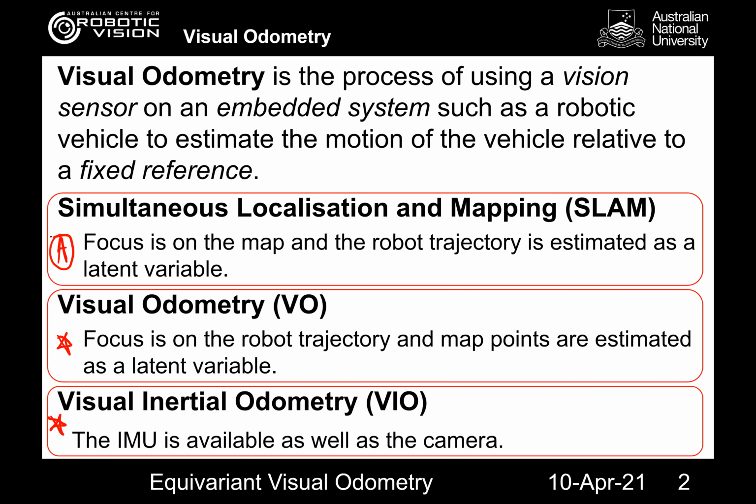The point about simultaneous localization and mapping is that it's a problem where you've got a robot moving around in the world, and after the robot has flown through that world, you want to be able to rebuild a model of where you went. A group of people did it a few years ago, Build Rome in a Day: take photographs of Rome, figure out where all the cameras were, and reconstruct a 3D model of the whole of Rome.